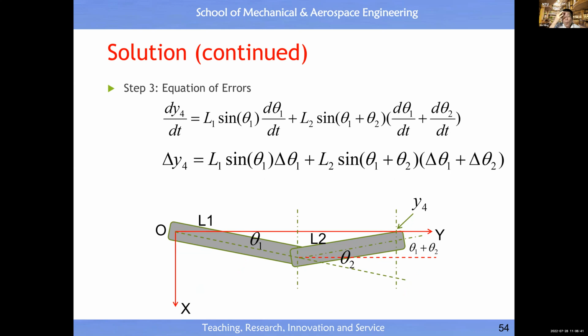If let's say we have an error, then we can convert this derivative equation into a variation equation. That means we take out the dt, then the small d is replaced by variation. Variation of y is proportional to variation of theta 1 and also proportional to variation of theta 2. So this is a very useful equation for us to evaluate the error or accuracy.